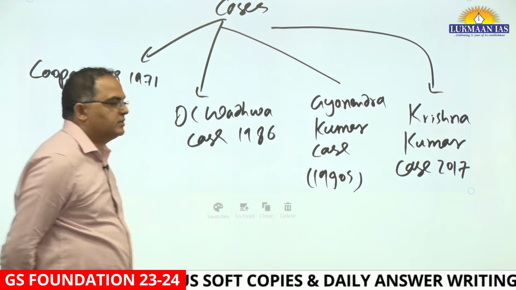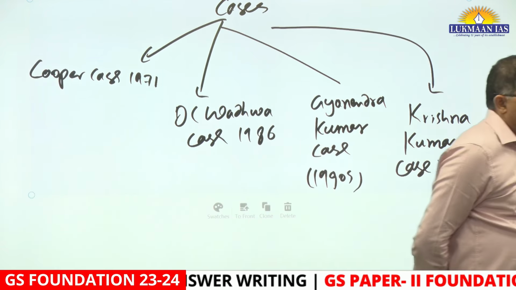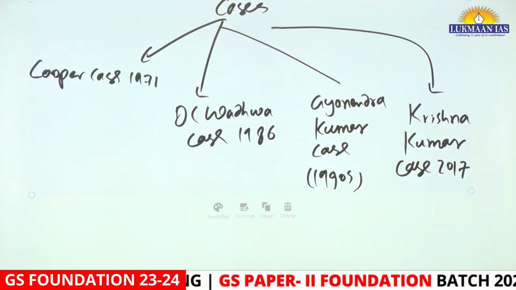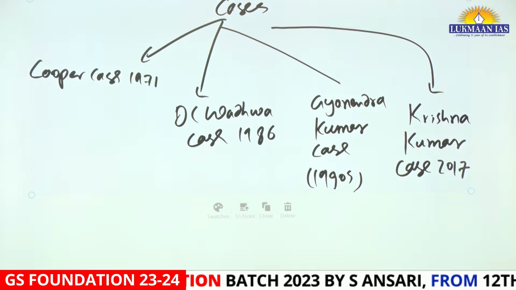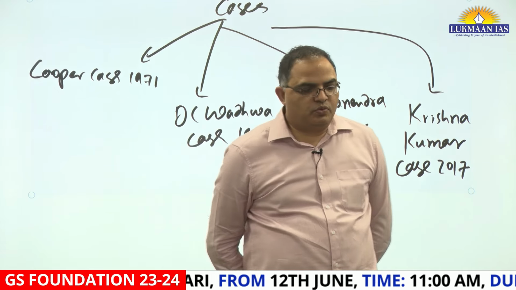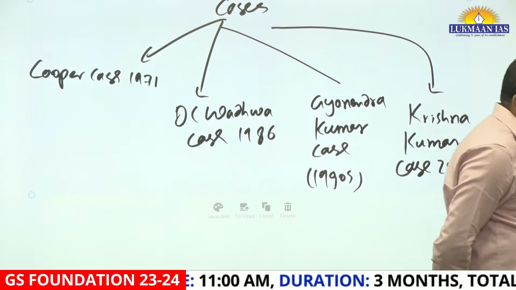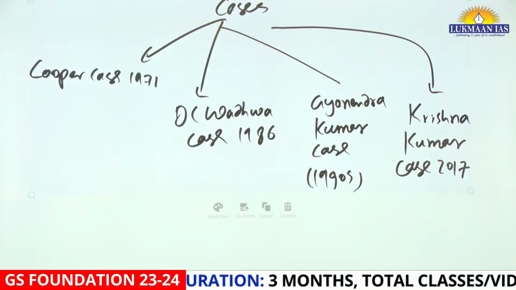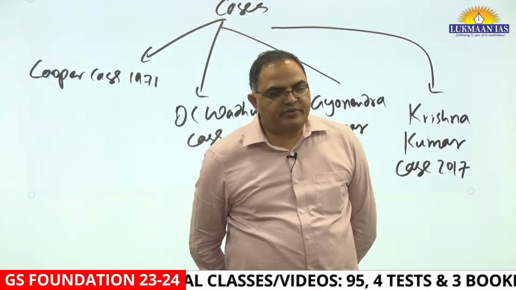After this case, the government introduced the 38th Amendment Act, to bar the judiciary from judicial review.